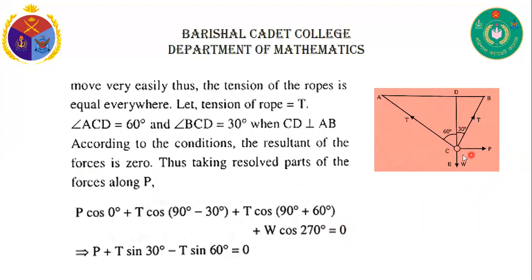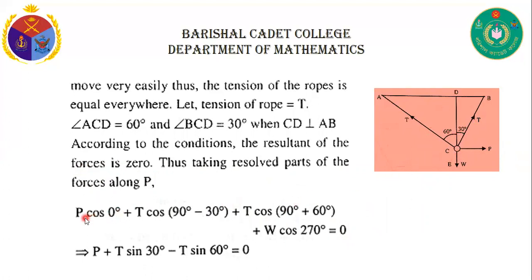So that is P cos 0. The angle between P and P is 0 degrees. So P cos 0, T cos, here it is 90 minus 30, and here it is 90 plus 60, T cos 90 plus 60, and W, it is 270 degrees.